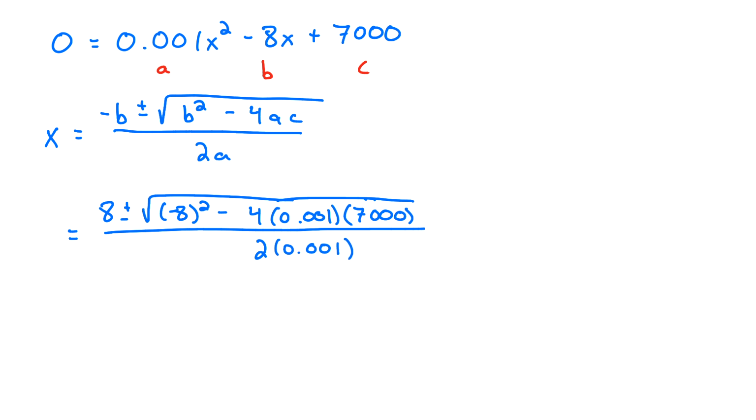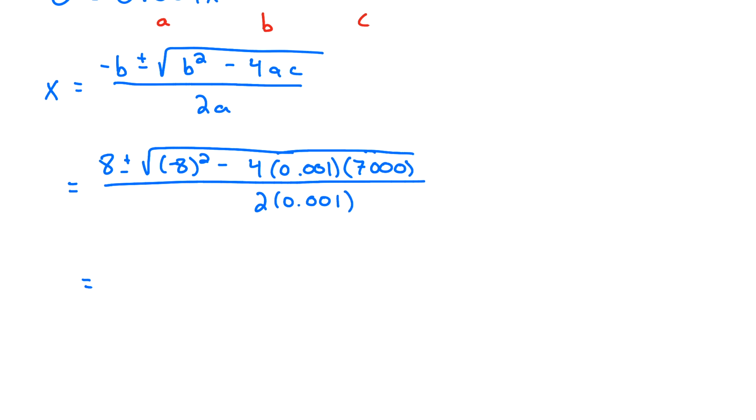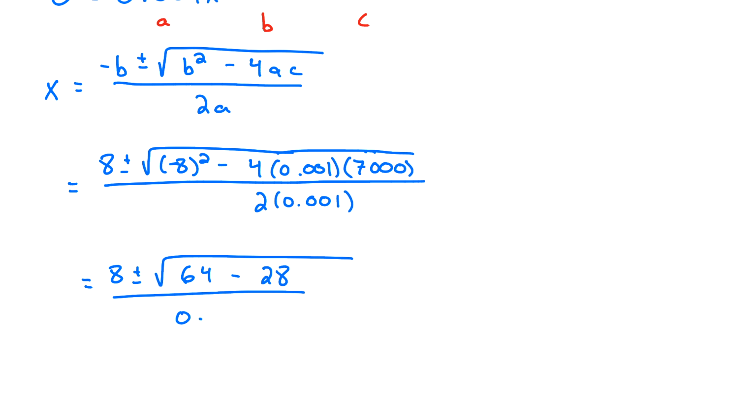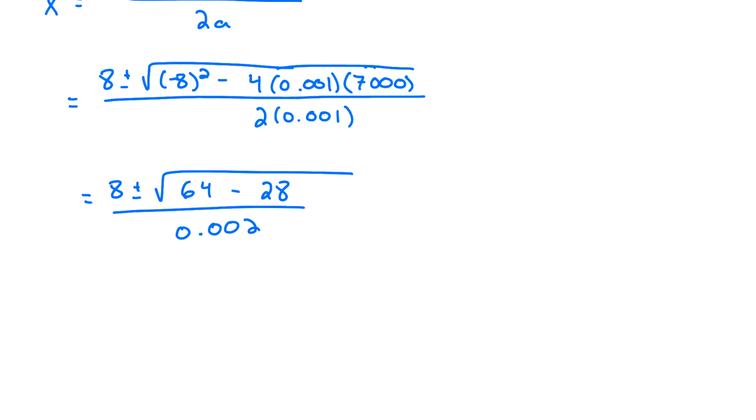So we can go ahead and try to solve this equation. So let's see. We're going to take baby steps. 8 plus or minus the square root of negative 8 squared, I should have 64, minus 4 times 0.001 times 7,000, I should end up with 28, divided by 0.002. So we end up with 8 plus or minus the square root of 64 minus 28, I should have 36, all over 0.002.